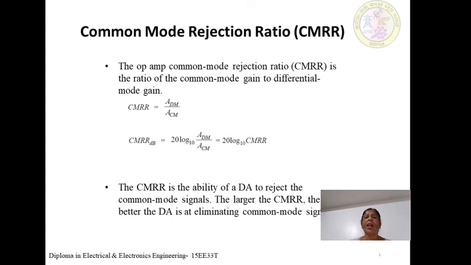Or the CMRR can also be spelled for the power also: common mode power gain to the differential mode power gain. So that is the common mode rejection ratio. It is always measured in bel, that is decibel.